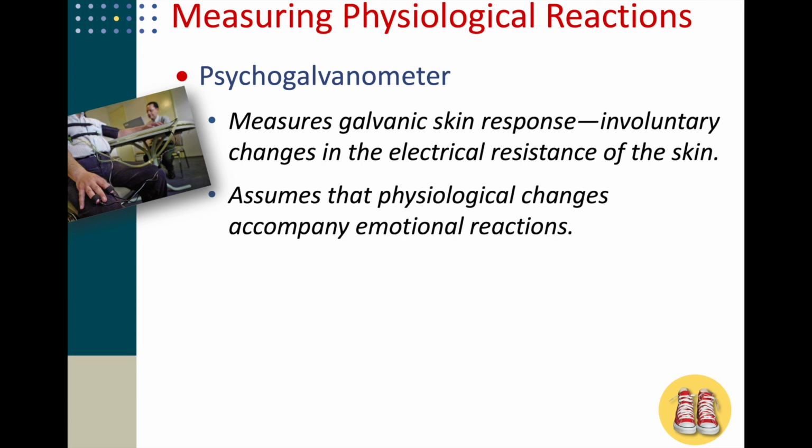And some people are just naturally nervous when they are hooked up to that thing, because they do wire you up pretty good. But it's supposed to be able to measure the emotional changes, whether or not those electrical charges that you emit will indicate whether you're telling the truth or lying.